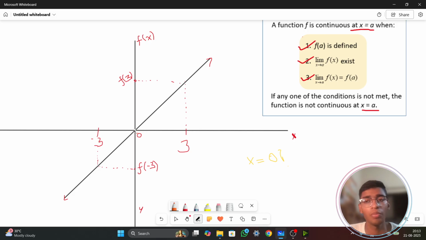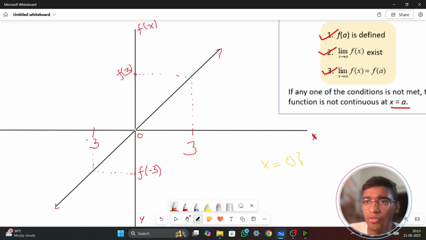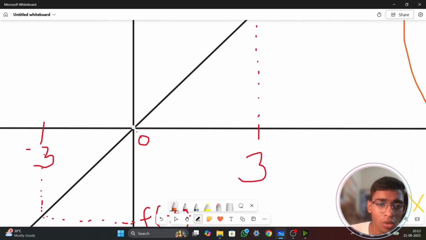I'll tell you why. From the definition, at x equals 0, if you see the first point here, am I getting some f(0)? No, I'm not getting any value of f(0), because you see there is a hole punched there.